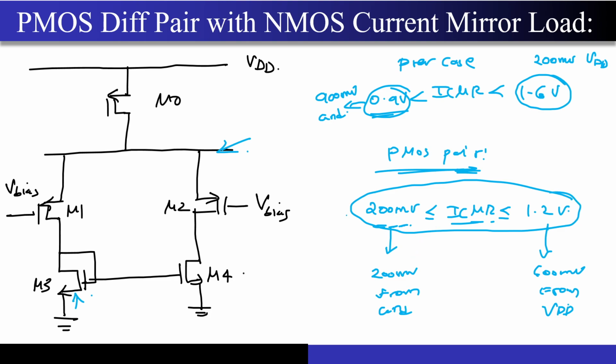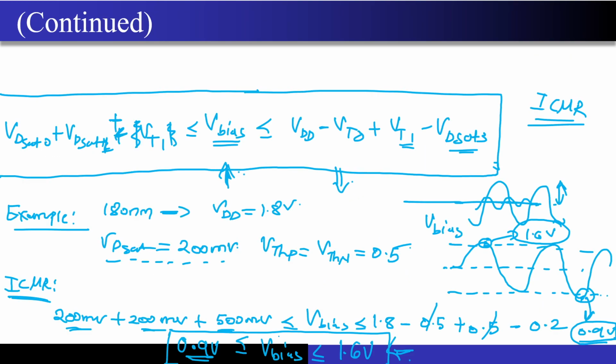What do I mean by that? From the PMOS differential pair, I'm able to cover the lower voltage range for the input. With the NMOS differential pair, I am able to cover the higher range for the input.